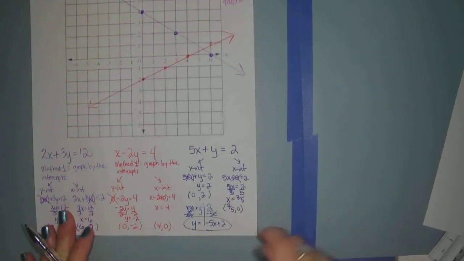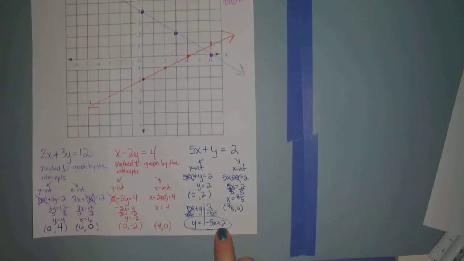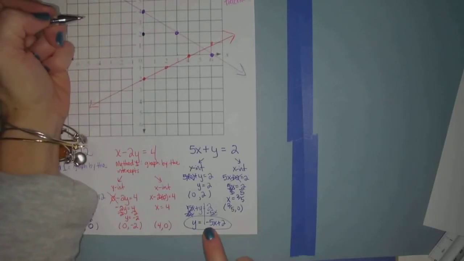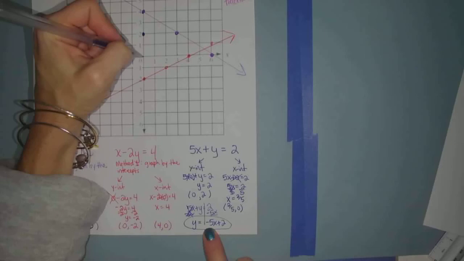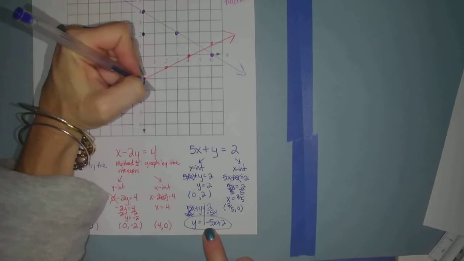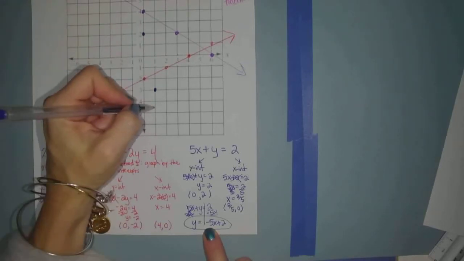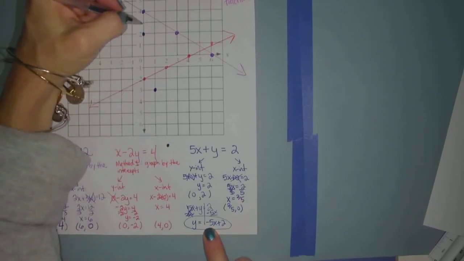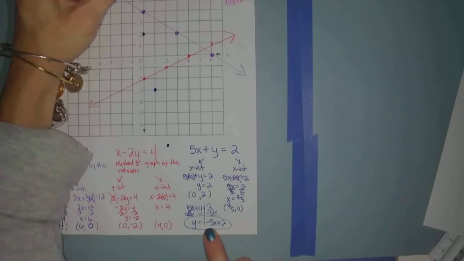So we know that we start on the y-axis at 2, and we come down 5, and right 1. Down 5, and right 1. Up 5, and left 1.